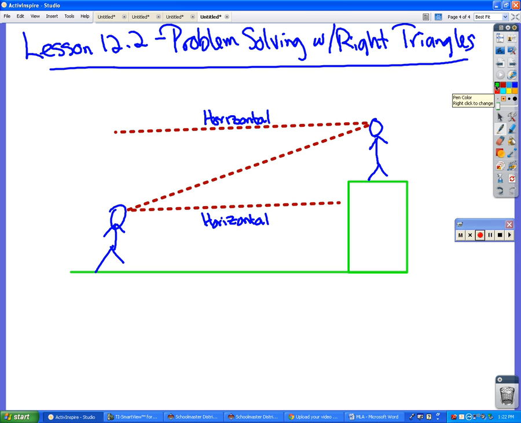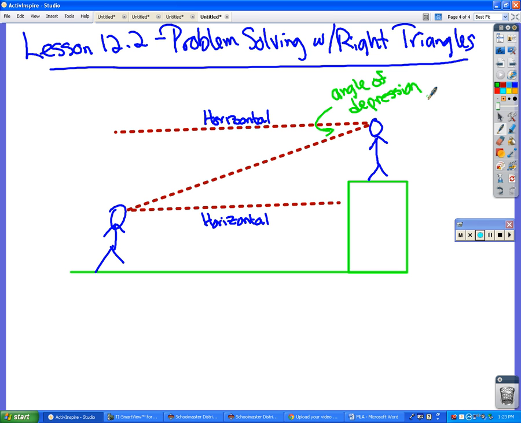All right? And so this angle right here, if you were looking straight across and then looked down at the floor, has a fun name: the angle of depression.